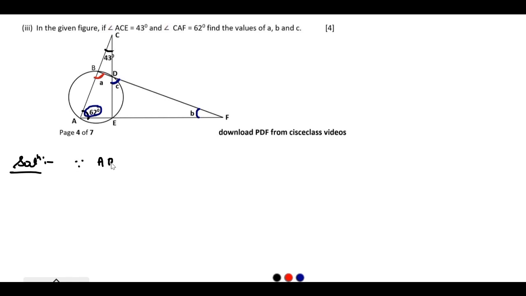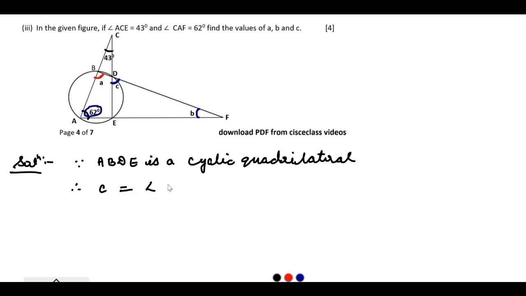Since ABDE is a cyclic quadrilateral, therefore C is equal to angle CAF, means 62 degree, because C is the exterior angle of the cyclic quadrilateral.